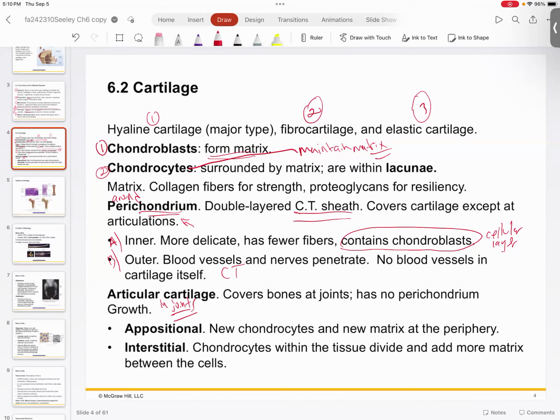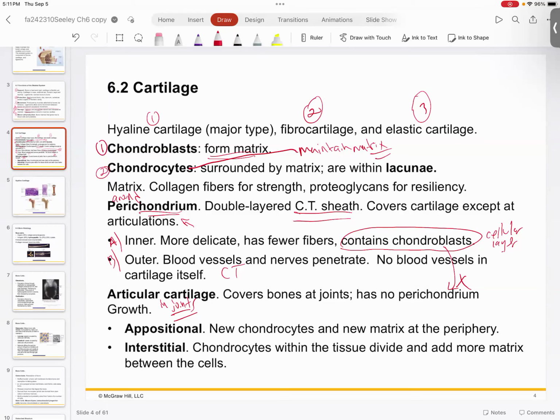Like we mentioned before, your cartilage is slow in terms of repair, and the reason it's slow in terms of repair is because of its lack of nerves and blood vessels. But if it doesn't have any perichondrium, you simply don't have the chondroblasts to be able to rebuild or to lay down the cartilaginous matrix, which is one of the reasons why articular cartilage generally wears away and you don't get it back.